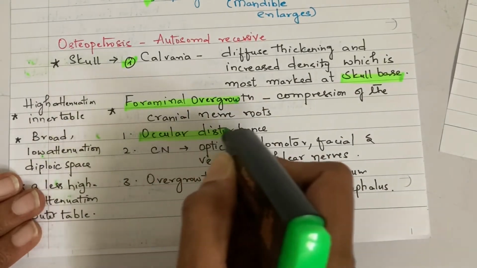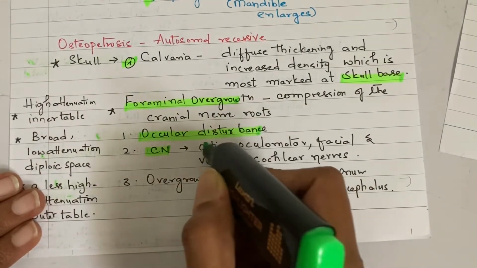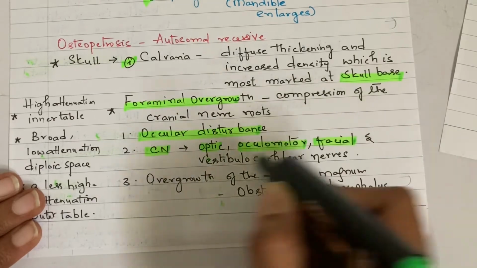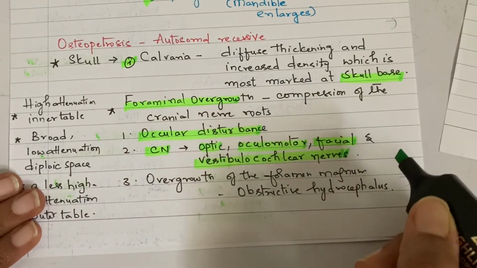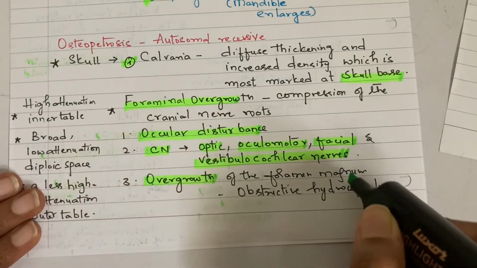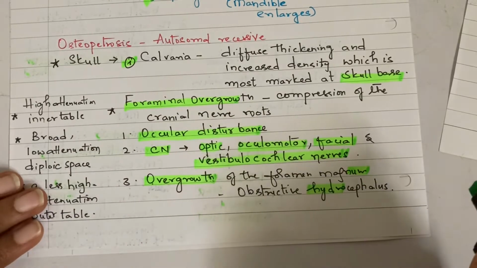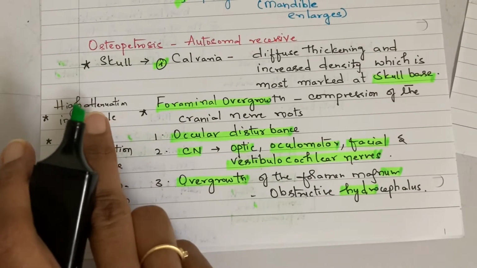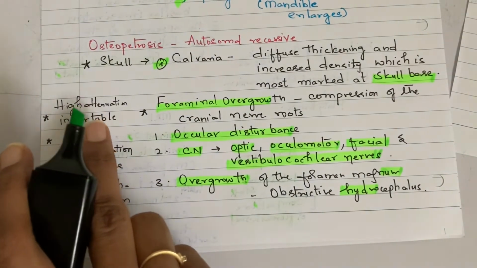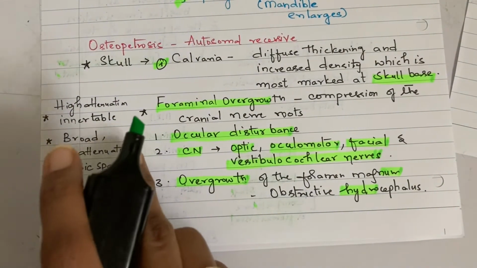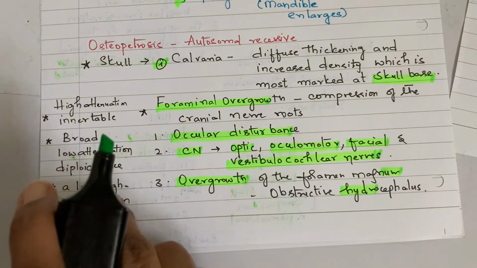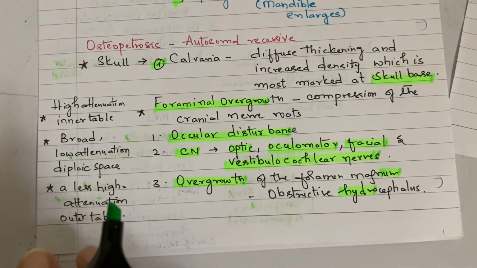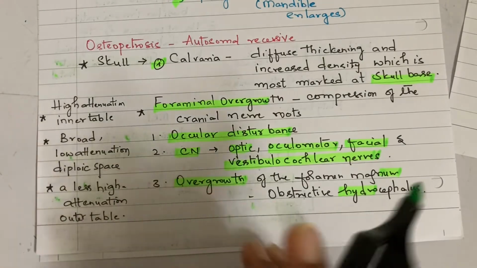There will be ocular disturbances; the optic, oculomotor, facial and vestibulocochlear nerves are mainly involved. Overgrowth of the foramen magnum leads to obstructive hydrocephalus. In this patient, they'll have a high attenuation inner table, broad low attenuation diploic spaces, and a less high attenuation outer table of the calvaria.